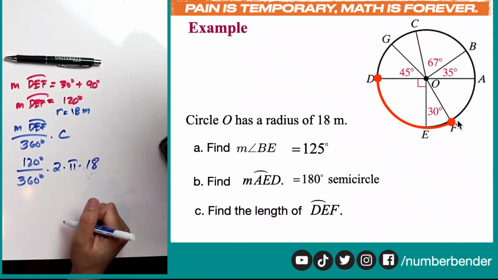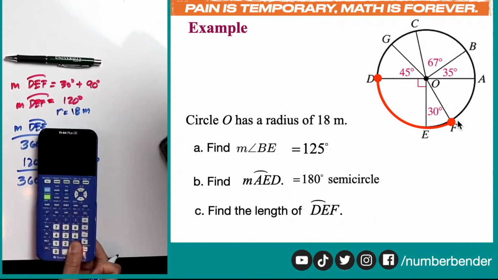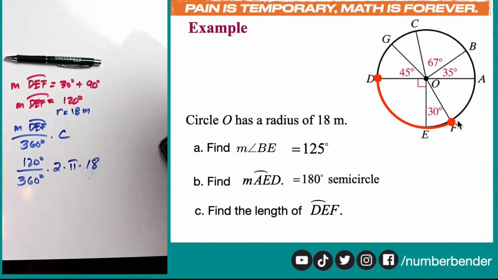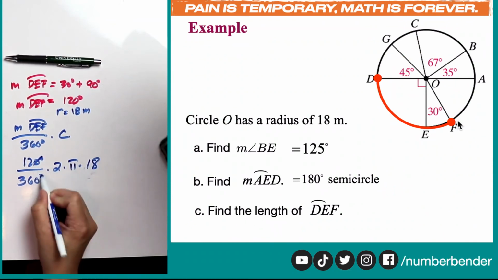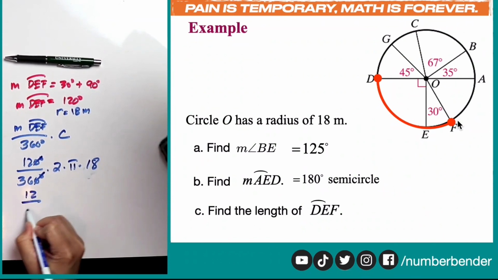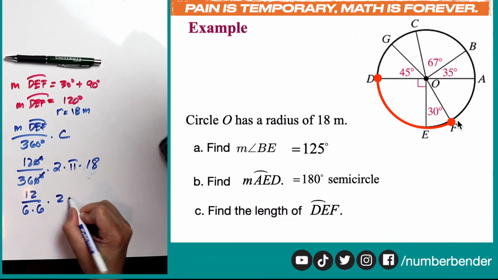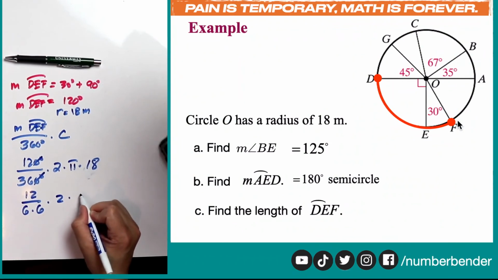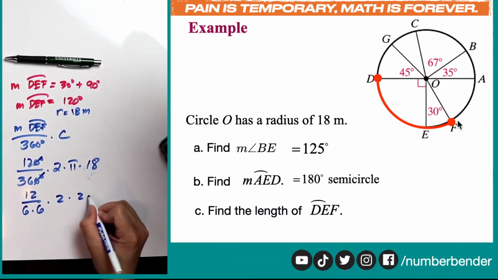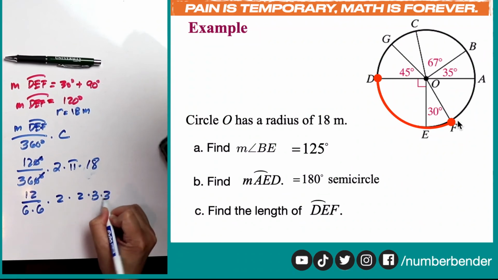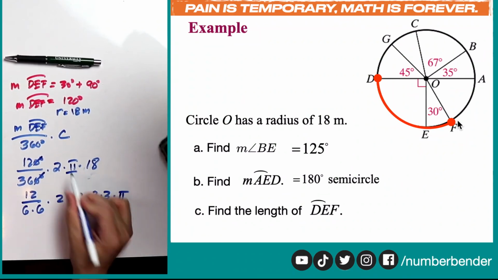Again, we can use our calculator for this or simply use prime factorization to solve for our fraction. So this can cancel out. So we'll have 12 all over 36, which is 6 times 6, multiplied by 2 multiplied by 18, which is equal to 2 times 9 times, of course, don't forget the pi.